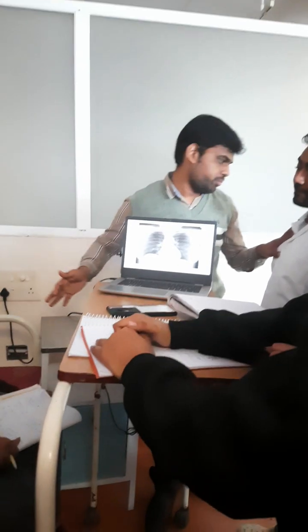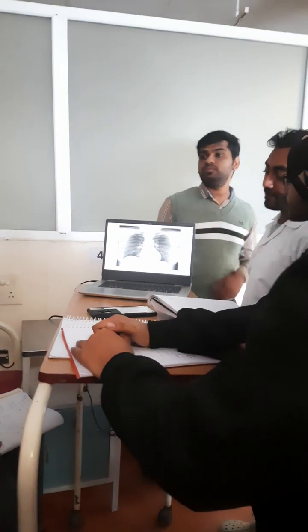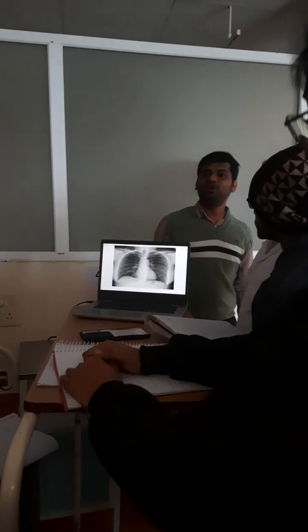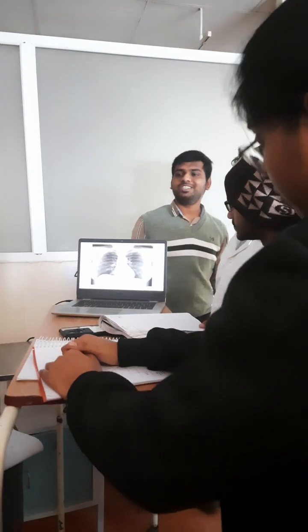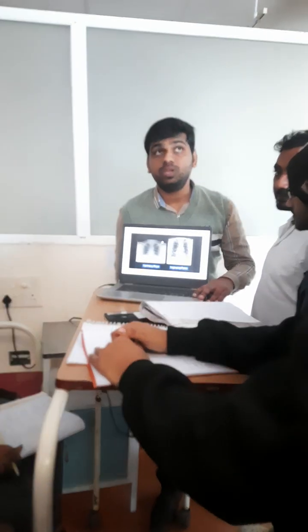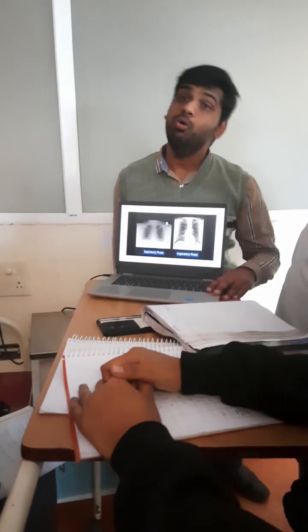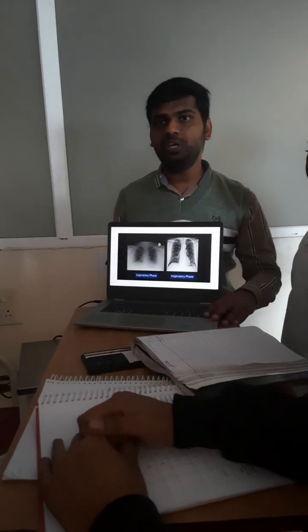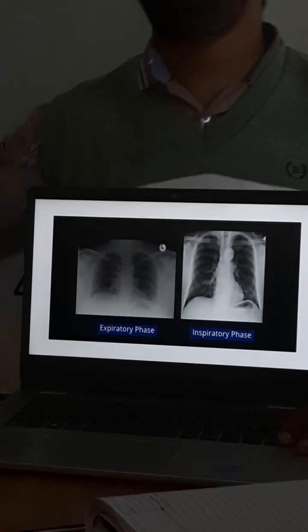What about pneumonia? In pneumonia there is no shift, no deviation; it is central. Clear? Pneumonia with pleural effusion is another condition: effusion is a pushing lesion, and it will push towards the opposite side.